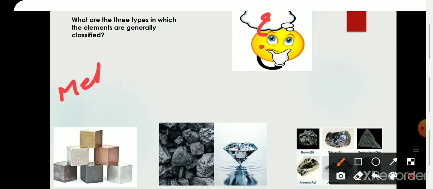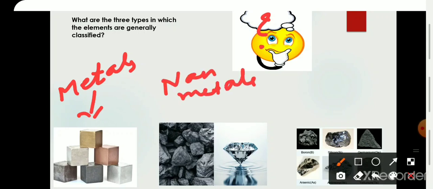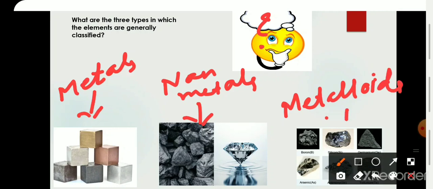Metals, nonmetals, and metalloids. So in this video we are going to study the details about physical properties of metals as well as nonmetals.